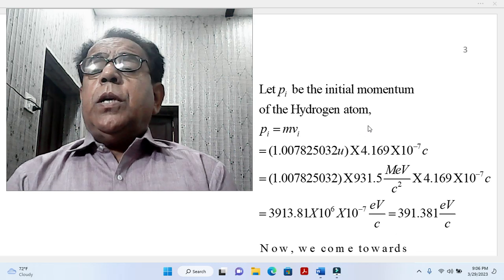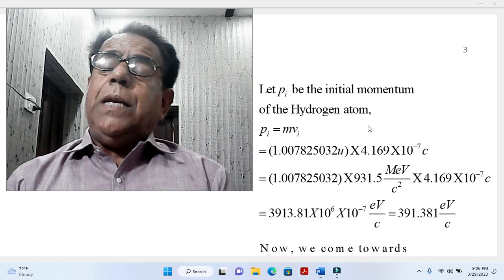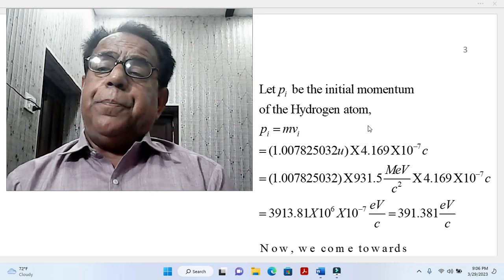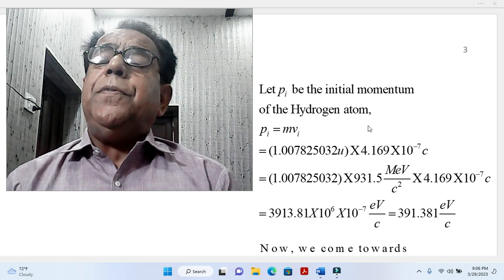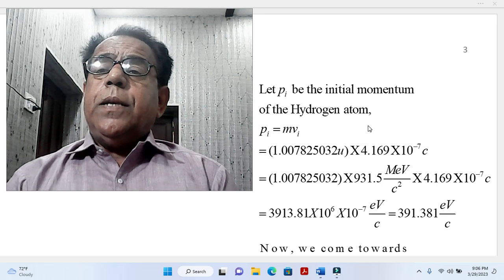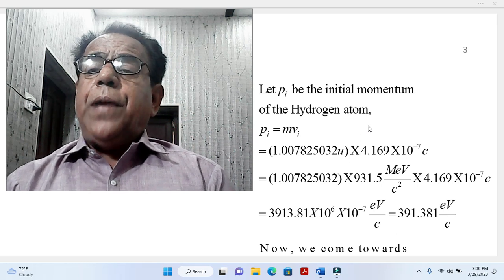So p is equal to mv, so pi will be equal to mvi. Vi we have calculated in the previous step, in the previous page of this problem. We have found the value of vi.